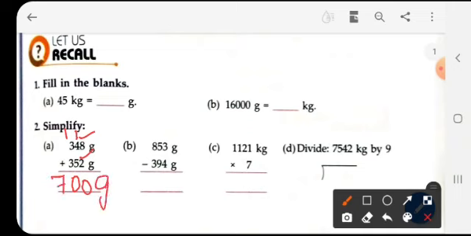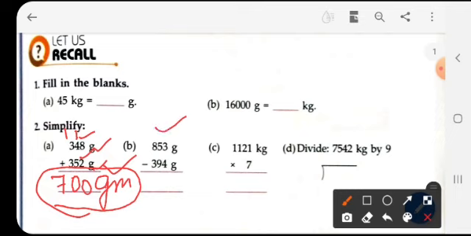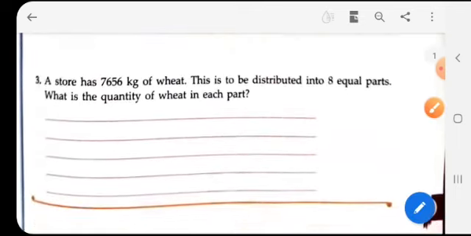So the answer will be, don't forget to write the unit also, because here the units are mentioned and your answer should also carry the unit along with it. In this way, you have learned how to do the subtraction, multiplication and division. Division is also of a very simple kind. Now let's move forward with the problem sum.